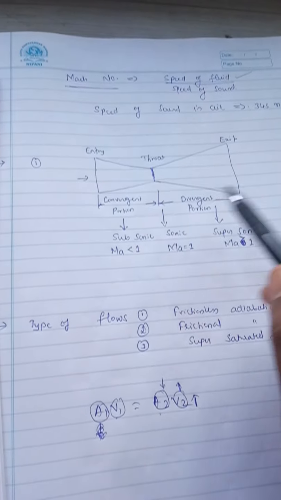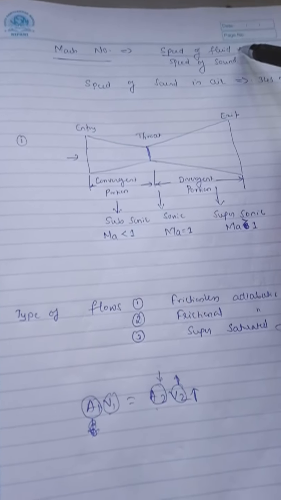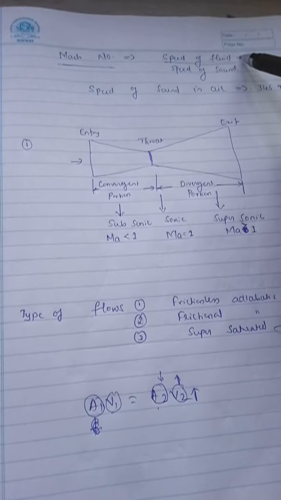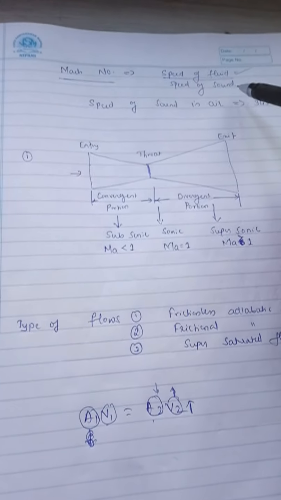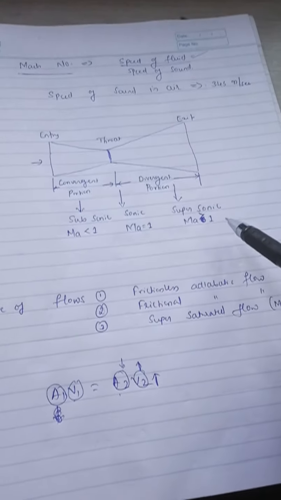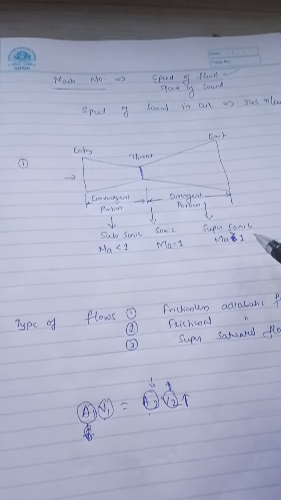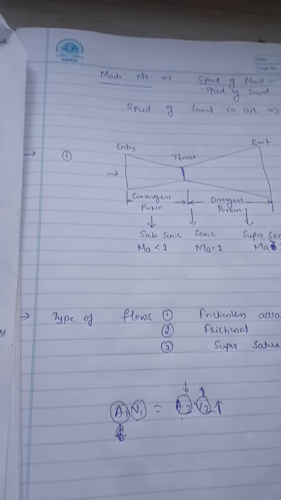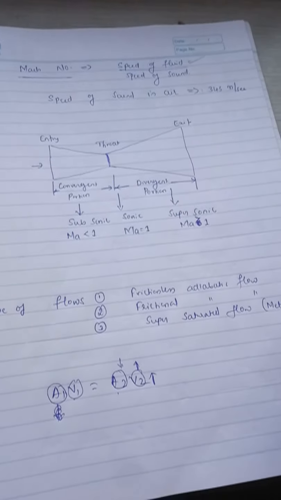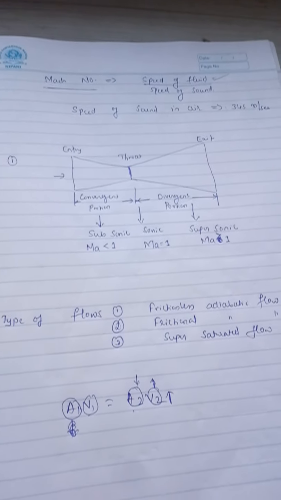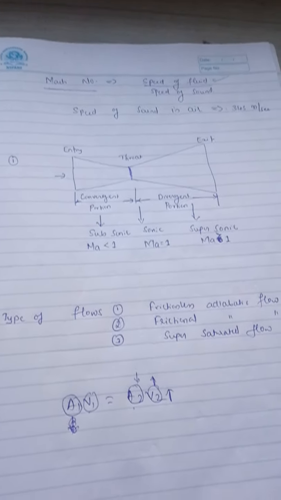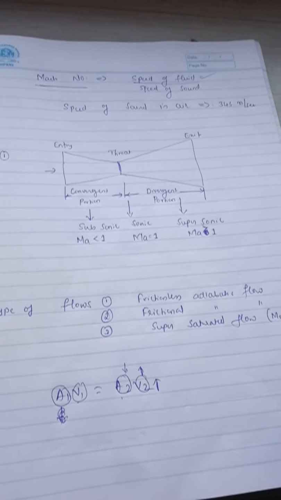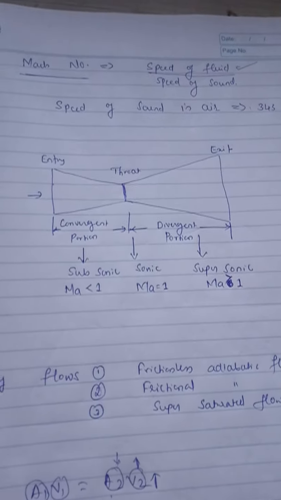After passing through the throat, if the velocity of the steam is higher than the velocity of sound, then it is called supersonic. That Mach number will be more than 1, right? If the Mach number goes above 5, then it is called hypersonic. You are going to study that further. So these are the 3 types of nozzles, right?